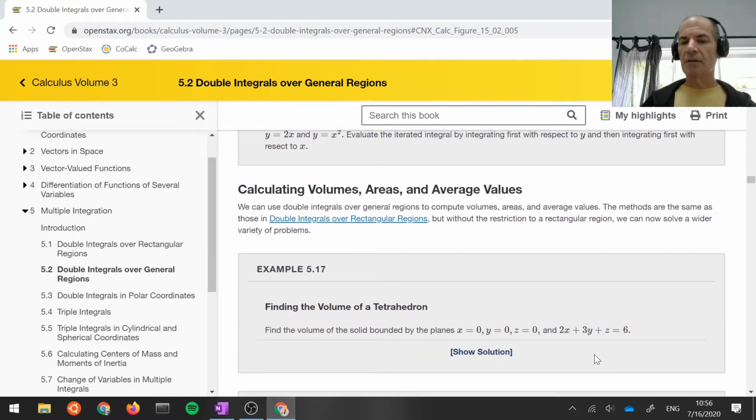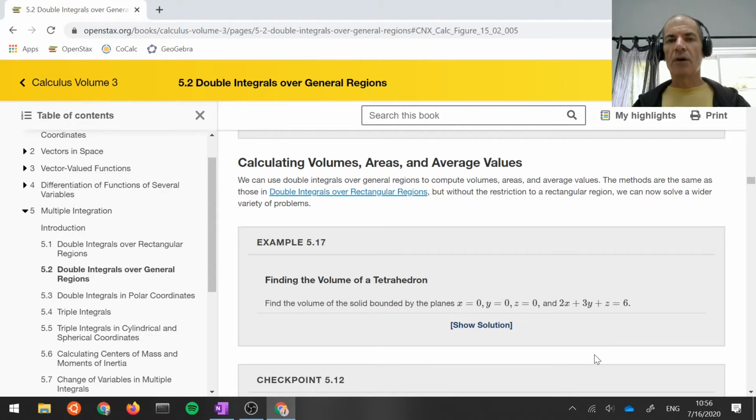Calculating volumes, areas, and average values. So the volume is really just the integral, right? You integrate over a region, and the integrand is the surface above the region, and by default it's adding up all those little rectangles in the limit, and you're getting the volume underneath the surface above the region.